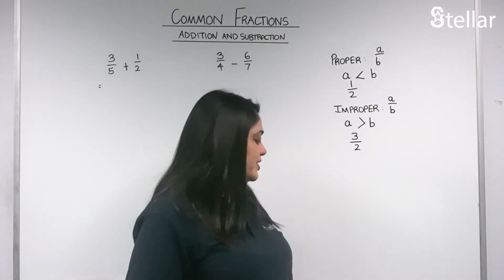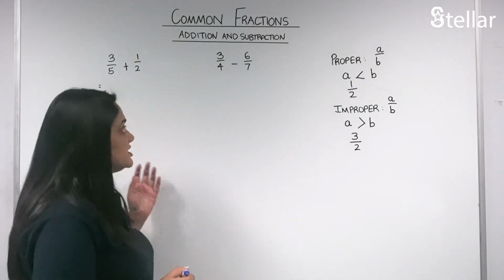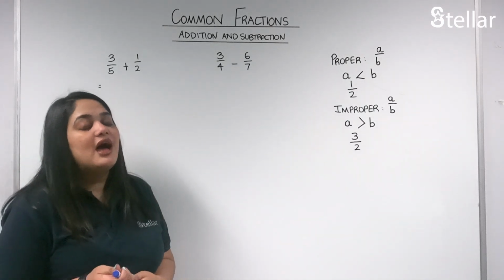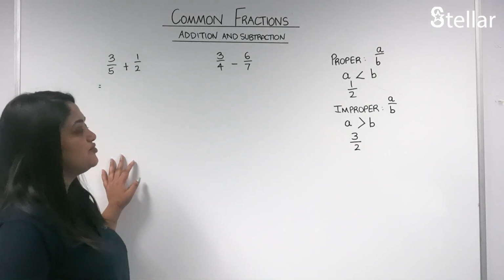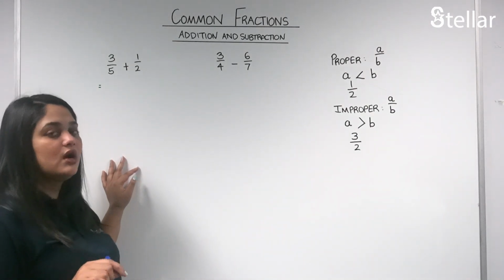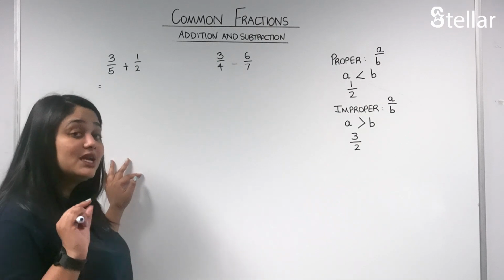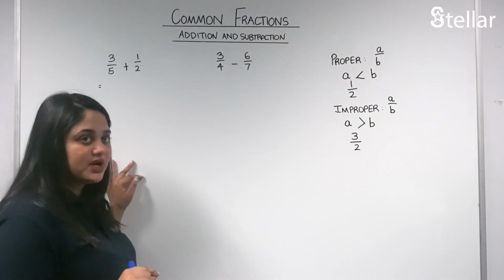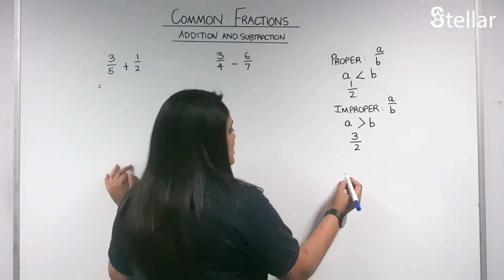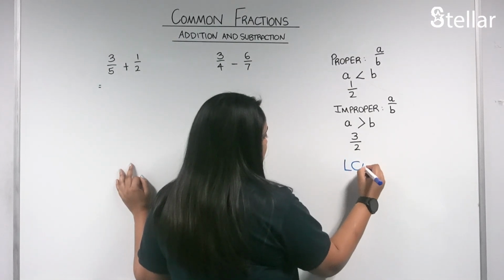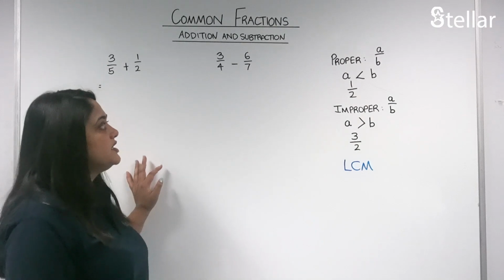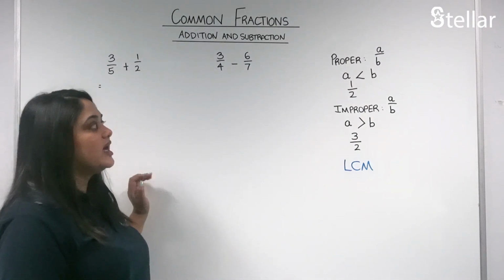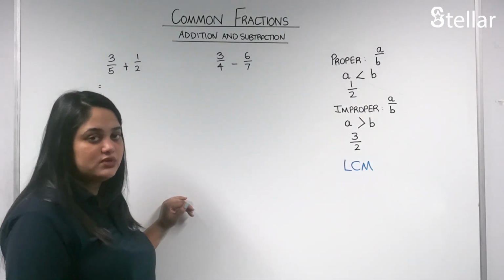Now, we have two examples on the board, addition and subtraction of fractions. How do we do that? The way to do that is you find the lowest common multiple. We learned about this, we learned about LCM. Multiple meaning you're counting in those numbers and which one is common in both.